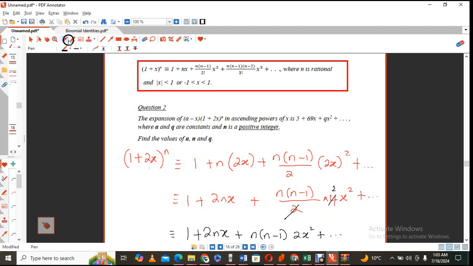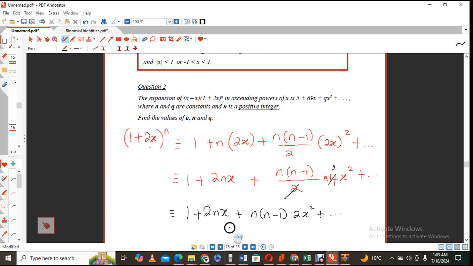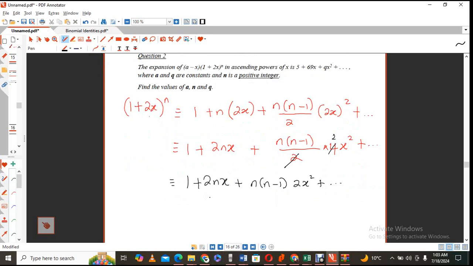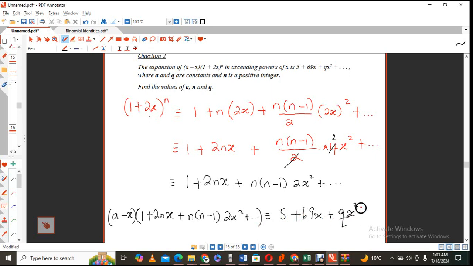Now I can look and see what I'm supposed to do. They are giving me the coefficients. So what do I know? I know that (a minus x) times (1 plus 2nx plus n(n minus 1) 2x squared) is identical to 5 plus 69x plus qx squared plus dot dot dot.